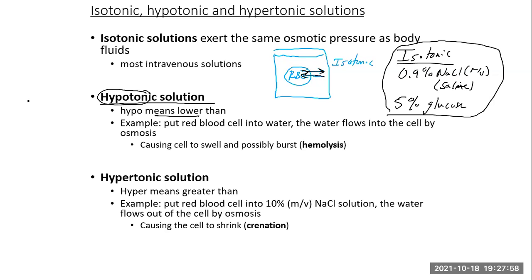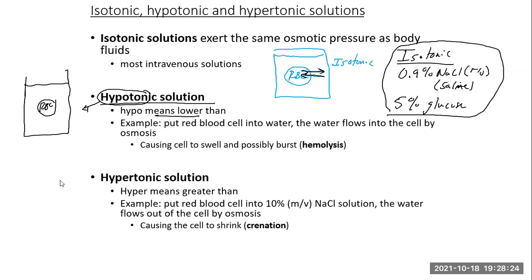So basically what happens is if we put that same red blood cell, acting as a membrane, into a hypotonic solution, that means that outside of the cell is less concentrated than inside the cell.